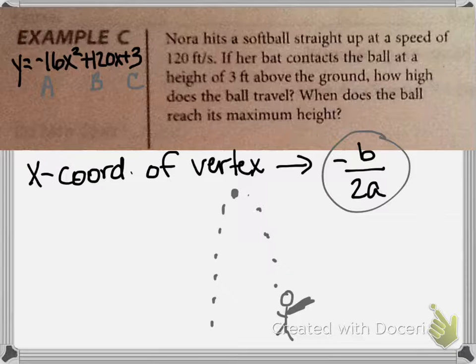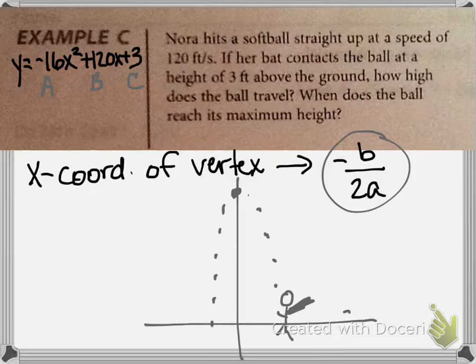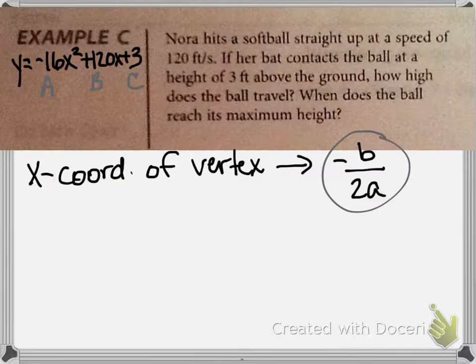How high does the ball travel? That would be the highest point. When does the ball reach that maximum height? That would be my time. If you think about this on a graph, the height of the ball would be my y value, and when it reaches that would be my x value. Let me erase my adorable little picture here, and let's do some calculations.